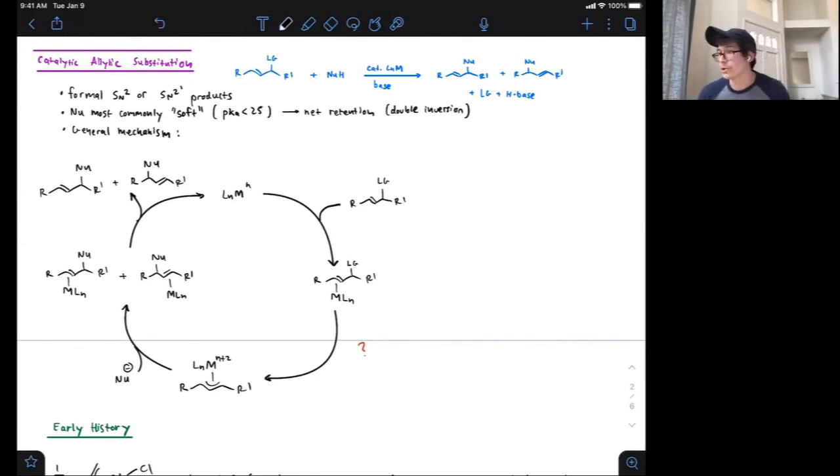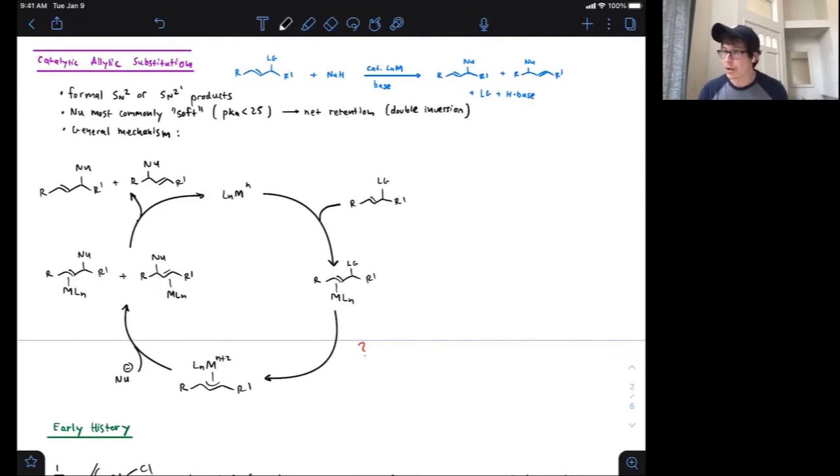And then the overall stereochemical outcome, we saw already that oxidative addition is stereoinvertive. With soft nucleophiles, that nucleophilic attack is also invertive, so that the product of double inversion is overall retention.